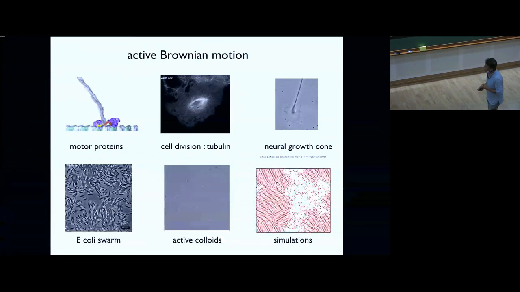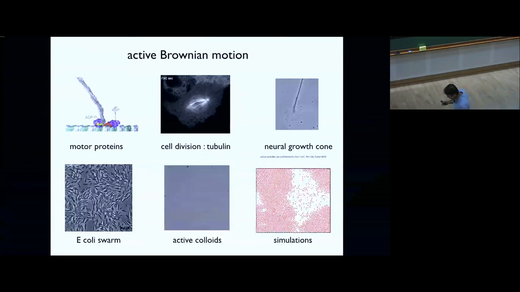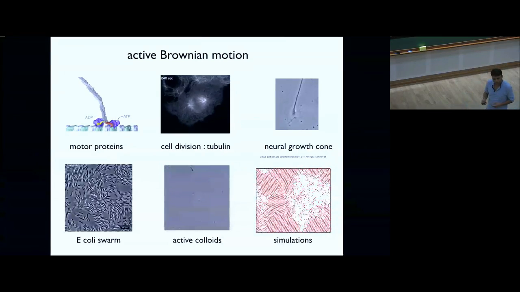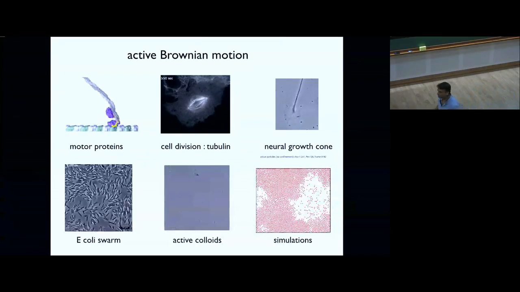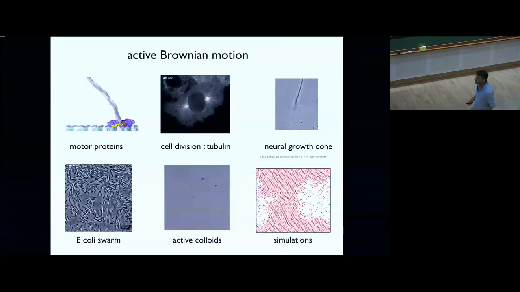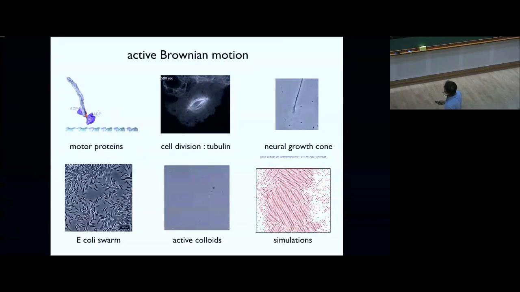So some simulation of active colloids. So many such things in which the main issue is that individual particles, as the conference website also says, are self-driven, self-propelled. So they have some internal energy source. They use that. So the force drive comes from the smallest scale, not from the largest scale.